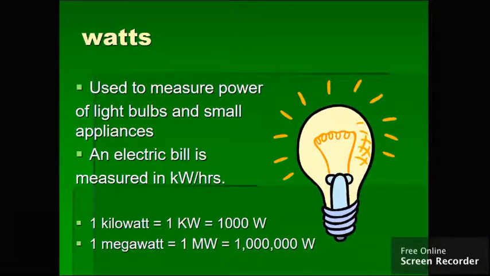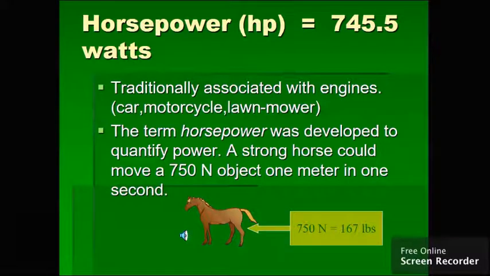Watts are commonly used when we talk about how bright a light bulb is. Another place you might see watts is on an electric bill. That's measured in kilowatt hours. There's kilo and megawatt down at the bottom, abbreviated kW and MW. And another way to measure power is horsepower.